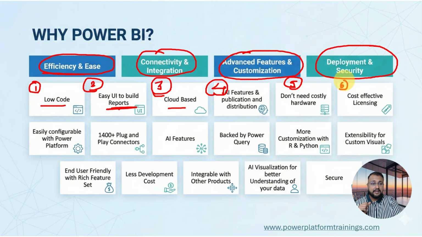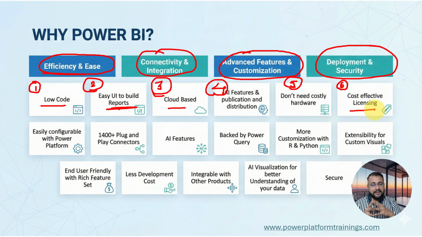Number 6 is all about cost-effective licensing. Power BI licensing cost is very cheap compared to other BI products available in the market. Most probably in class number 3 and 4, we will be talking about the licensing part. At that time, it will be covered. So compared to other products, its licensing cost is a little bit cheaper. Many companies prefer to go with Power BI.